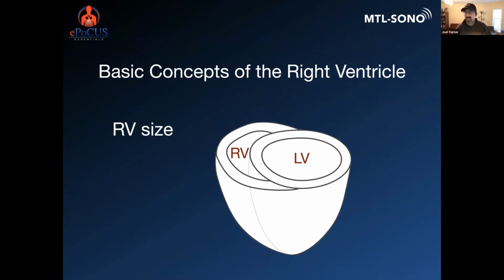As a result, the right ventricle is always going to be smaller than the left ventricle, and the muscle of the RV is always going to be much, much thinner. One of the measurements I'm going to talk about is that the free wall of the right ventricle should always be less than 5 millimeters, because the RV doesn't have to contract as strongly throughout every contraction.